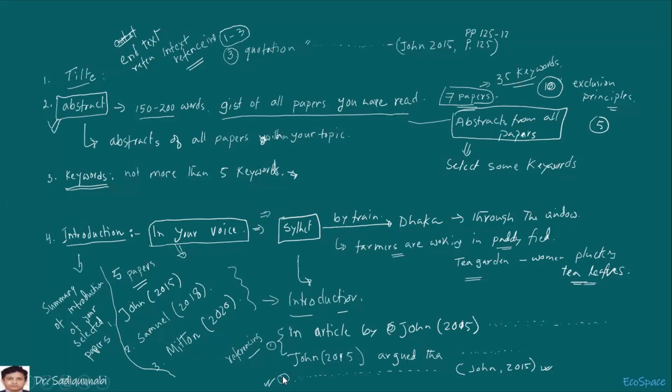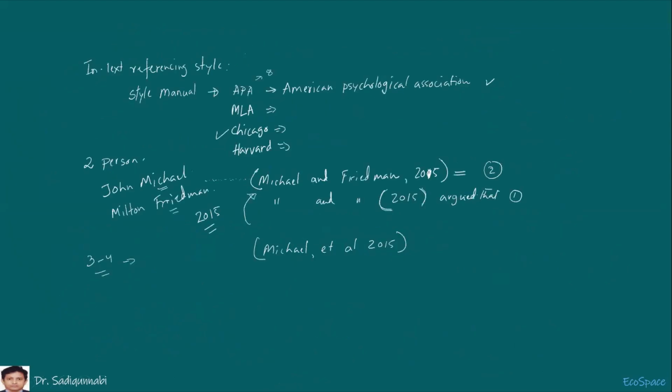But in the first and second, it is your voice, your narration, taken from their narration. That means the idea is similar. In the second case the idea is similar, but in the first case your idea and their idea are quite similar. So that's why there is no need for a page number here. But in the third case, the page number must be there because you are cutting and pasting their narration. Clear?